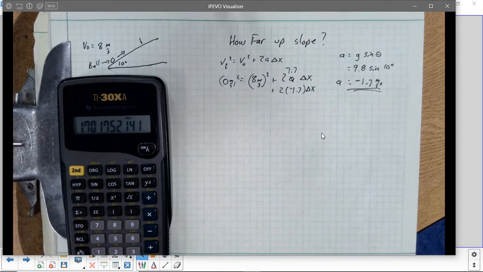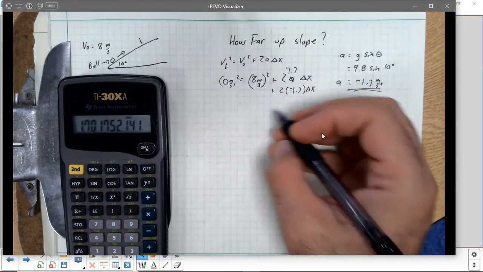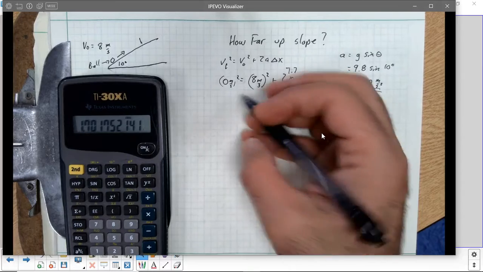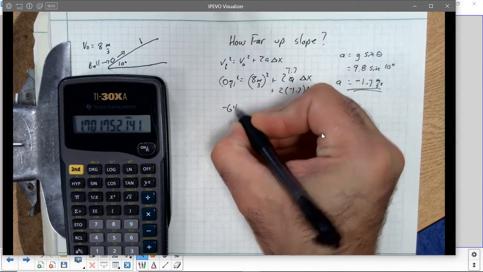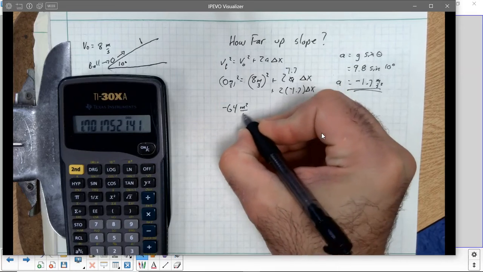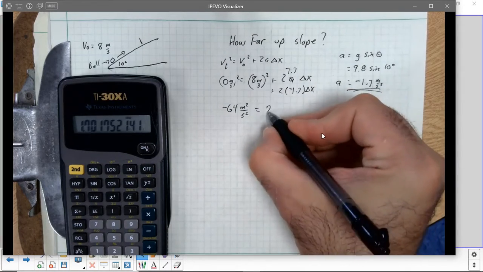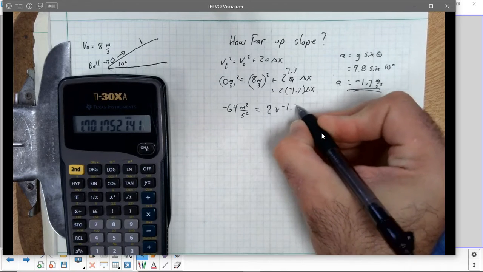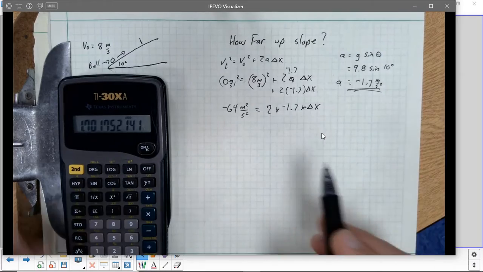Let's do that. Now we'll solve it here. So we get 8 squared is 64. We're going to move that to the other side. So we have negative 64 meters squared per second squared, because we have to square the units too, is equal to 2 times negative 1.7 times delta X. All right.